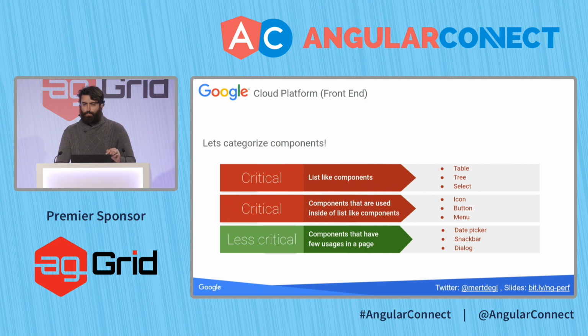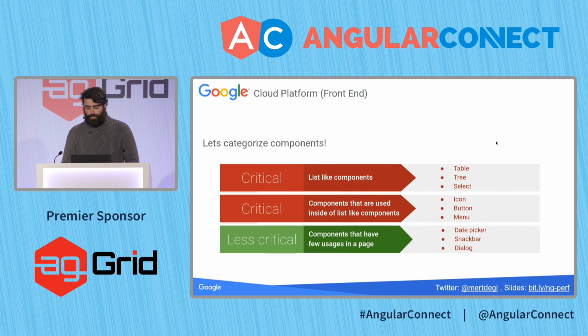The second most important components are the components that go into list-like components. So if you have an icon that's in a table, or a button, or a menu, it's important that these are as efficient as possible. But if you have some components that just have few instances on the page, it might be that you don't need any of these performance optimizations.